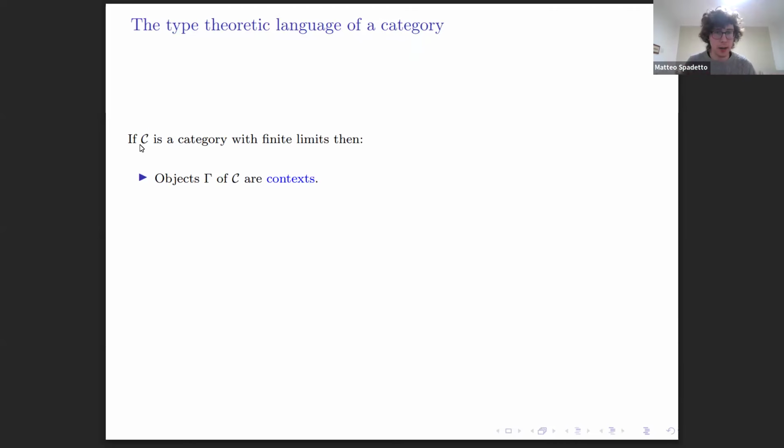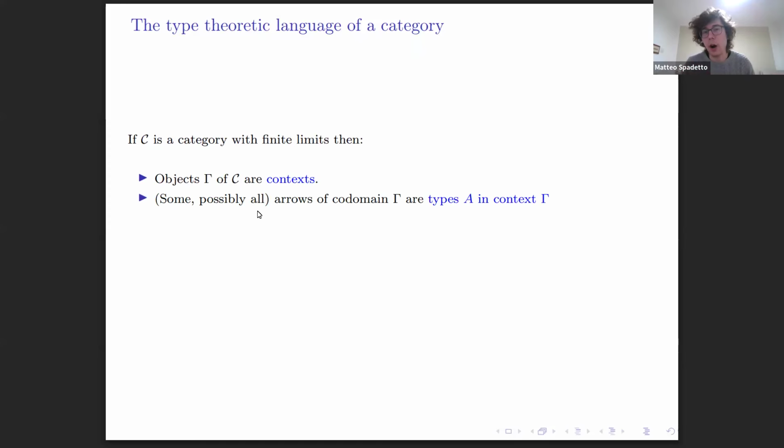So for instance, here I write, if C is a category with finite limits, then normally, according to this language, we regard its objects as contexts, and we regard some, possibly all, arrows of codomain gamma as a semantic version of types A in context gamma.